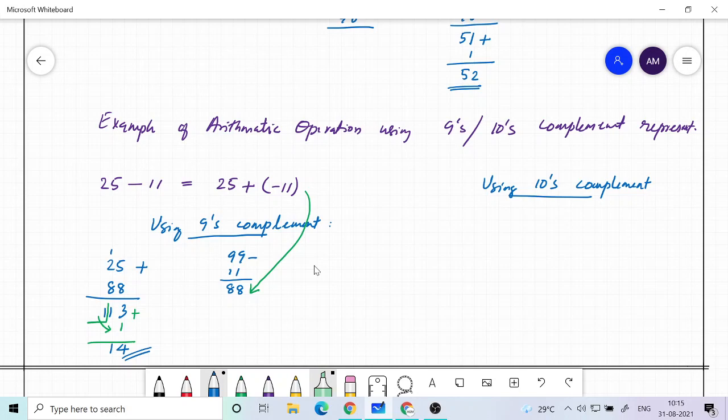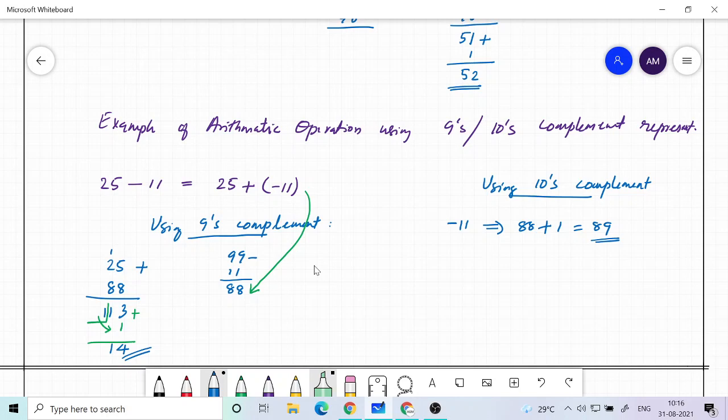Okay, so same problem, but we need the 10's complement of 11. So minus 11 is basically, you take the 9's complement, which is 88, and plus 1, so that will be 89. So 89 is basically minus 11 in 10's complement.